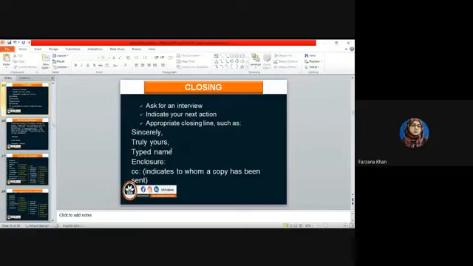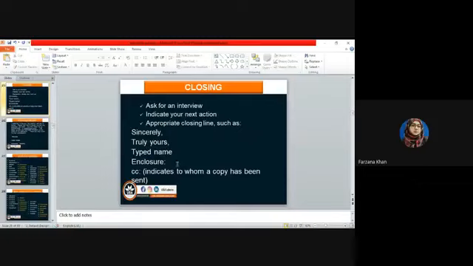After getting the print of your cover letter, you will sign here. After that, there will definitely be a printed title and name here, and then enclosure is very important in the closing of the cover letter, because you are going to attach your resume with the cover letter. That's why at the end you will mention enclosure.